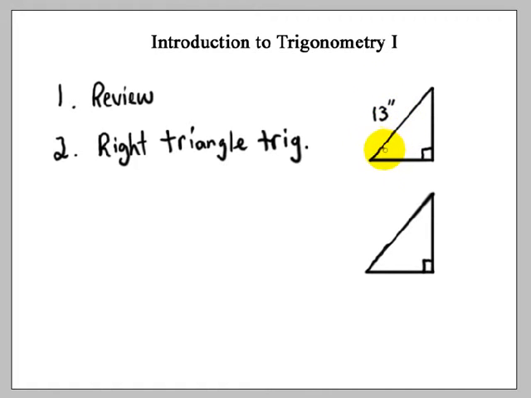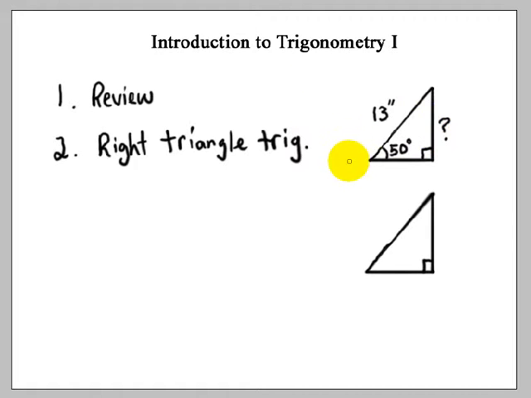And let's say this angle here measures, how about 50 degrees? Then on this triangle, I could ask you some questions. I could ask you, what is the measure of this side? How do you think you go about solving a problem like that?